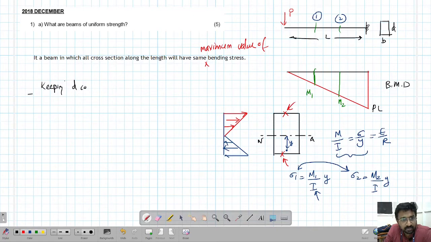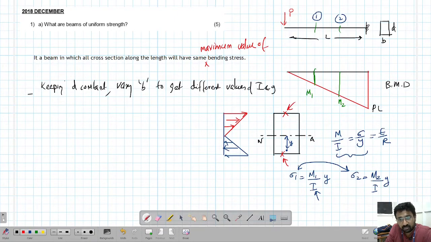Keeping D constant, we will vary B to get different values of I and Y. Basically we are going to vary these two also, but the only thing is we will keep the depth of the beam constant, we will change the width of the beam.